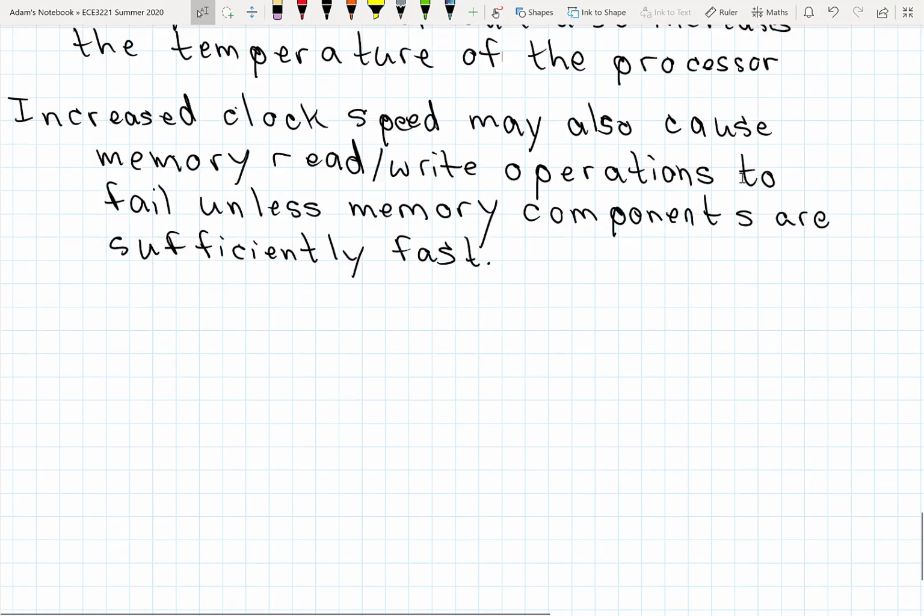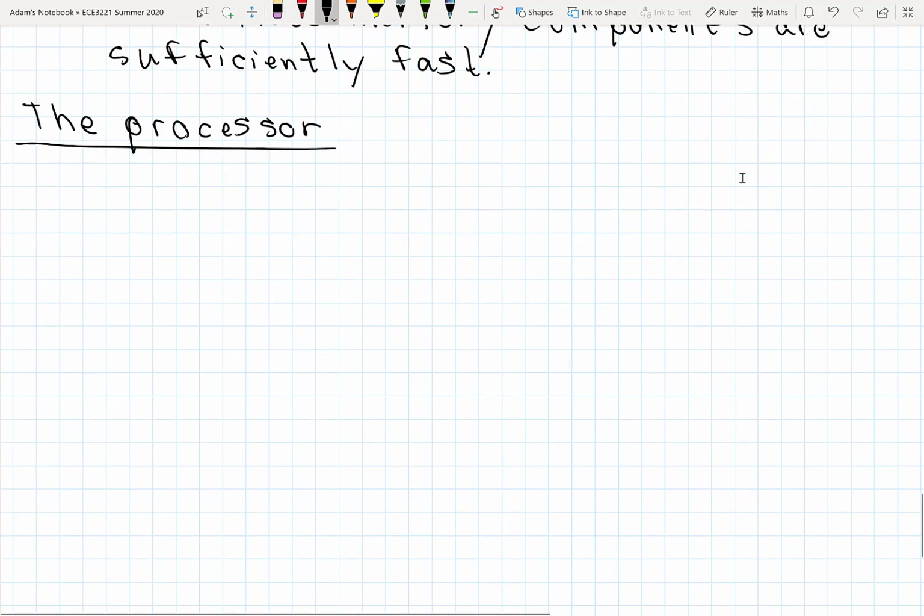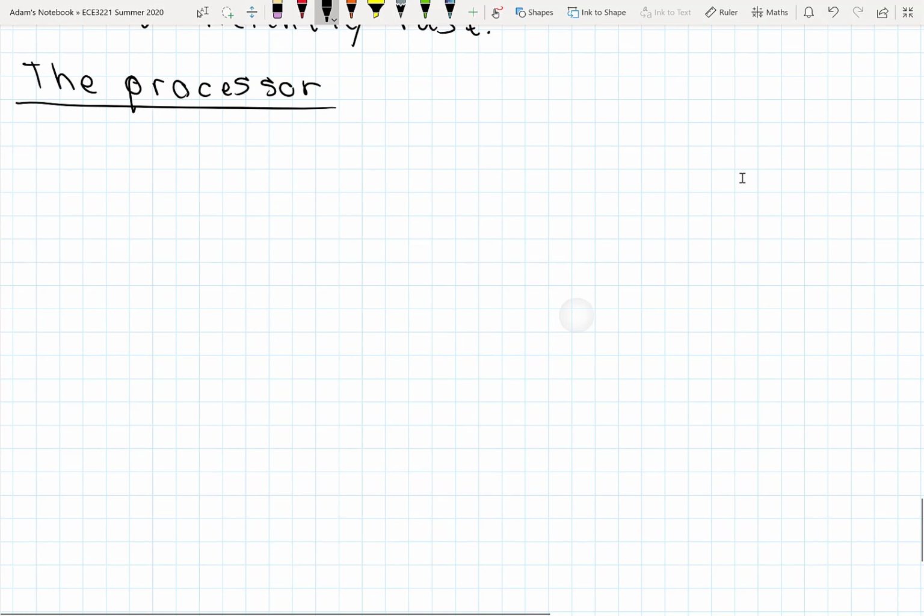Okay, let's think a little bit more about the processor in this fetch and execute sequence. If we assume that a processor can only execute those instructions in the exact order as they're listed in your program, it would make for a pretty boring experience, right? The processor would have no decision-making capability.